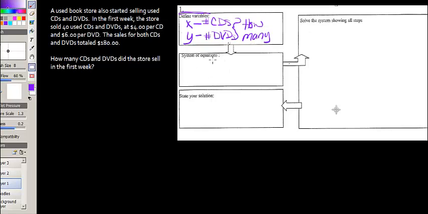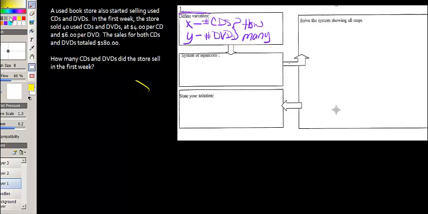All right, follow the arrow down. Next thing is to write the system of equations. You've got to go back to the word problem and look at what information they gave you. They sold 40 used CDs and DVDs. My pen's not writing and I don't know why. There it is.